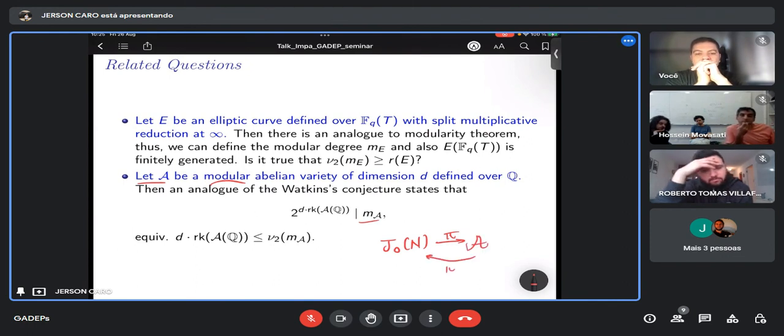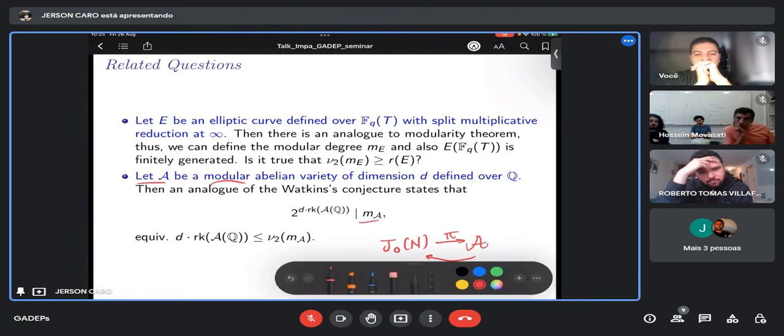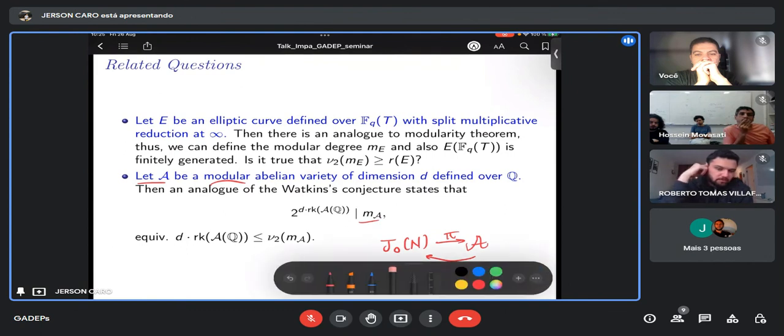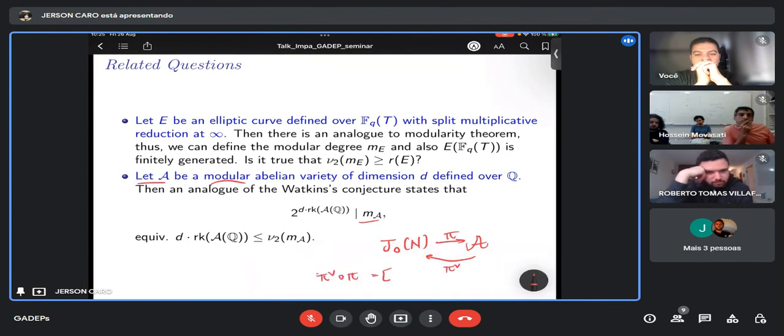So we can think of the isogeny pi, and pi composed with its dual is multiplication by some integer, and this integer is the modular degree m alpha.